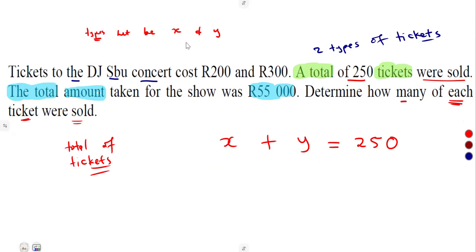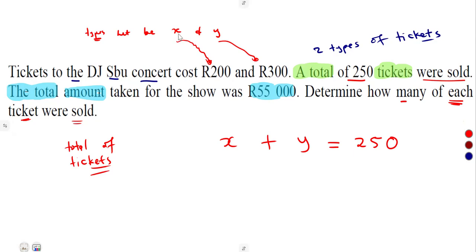So in our actual sense, the type X corresponds to the 200. We can say simply the 200 and the 300 so that you do not get confused there. But here we are referring in terms of the type to say the X of the 200 Rand ticket, there are X of them of the type 200.